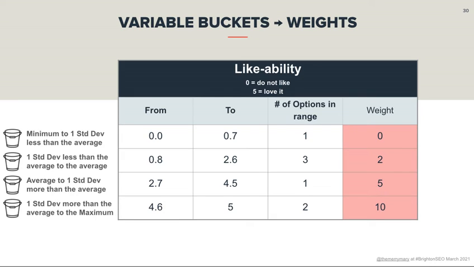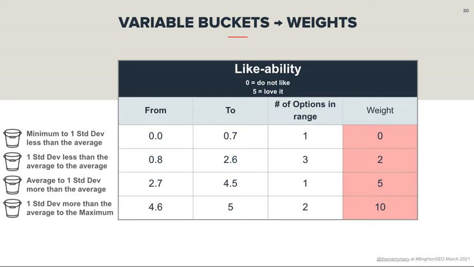So no matter what scale you're using for your variables, whether I'm rating from 0 to 100 or 0 to 5, like I am here, we'll always have these kind of synonymous buckets. We're not going to get into the details of standard deviation today, but that's what we're using to create these buckets. We're using the minimum to the first standard deviation, and then that to the average, and the average to the standard deviation above, and then that to the maximum.